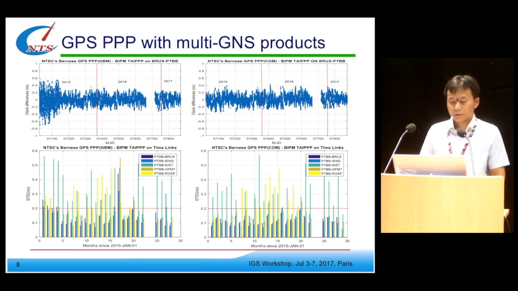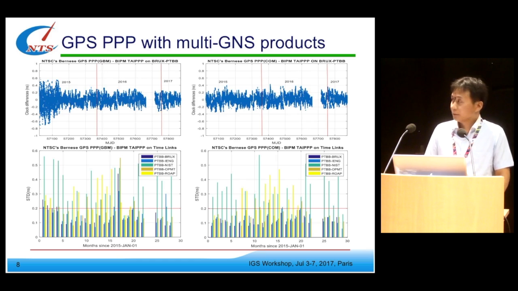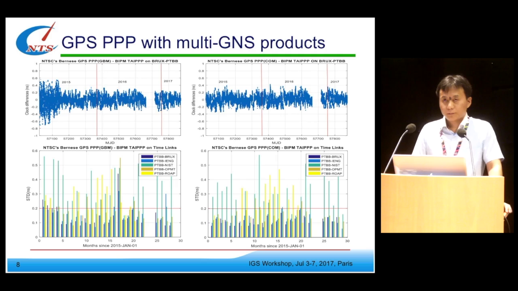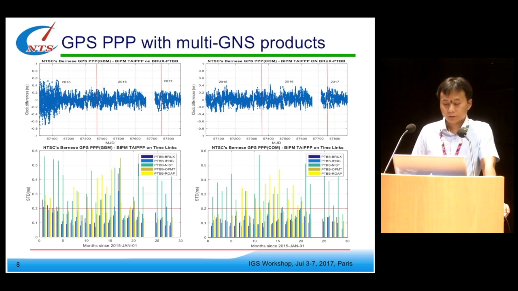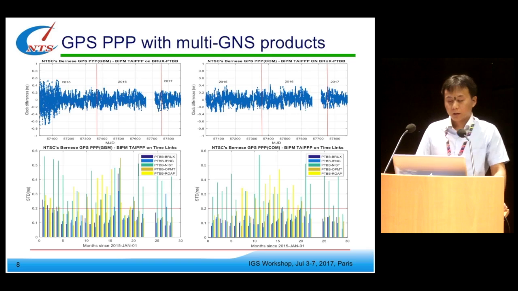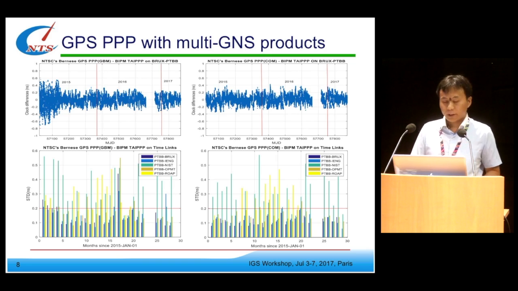The graphics in the bottom are the results for all the time links. This slide shows that the GPS PPP based on our software in daily mode could get a good performance as long as the data quality is normal.